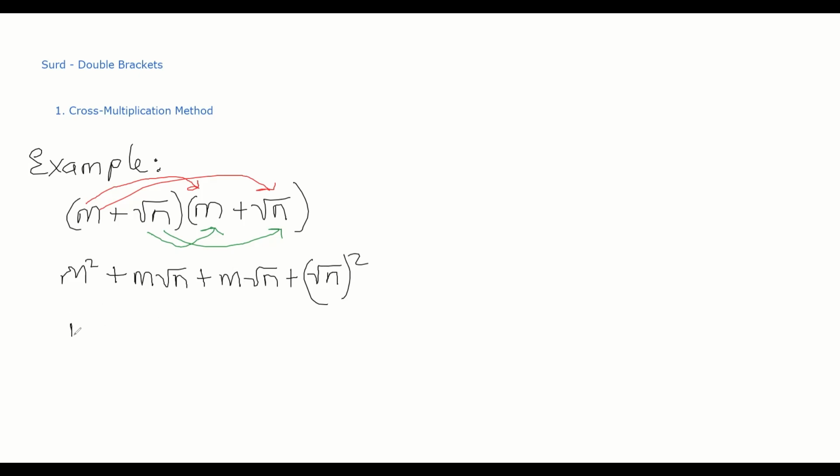I'm going to have m squared plus m root n plus m root n gives us 2m root n. And like I explained before, root n squared gives us n.